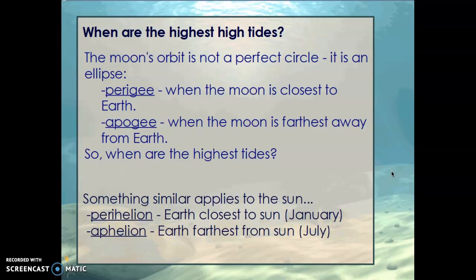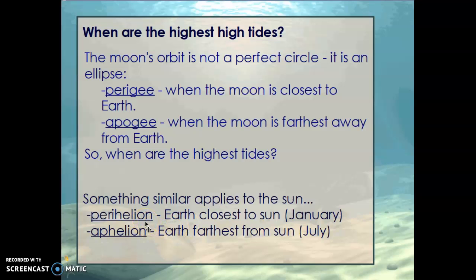So perigee is when the moon is closest to the earth, and apogee is when the moon is farthest away from the earth. Okay, so obviously we would have the very highest tides if a perigee happened to happen during a spring tide also. Okay, and they happen once every few hundred years. It's not very common.